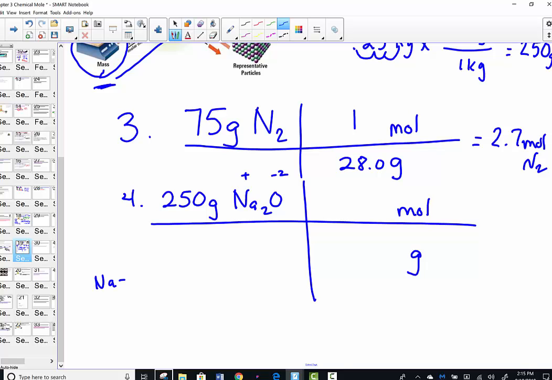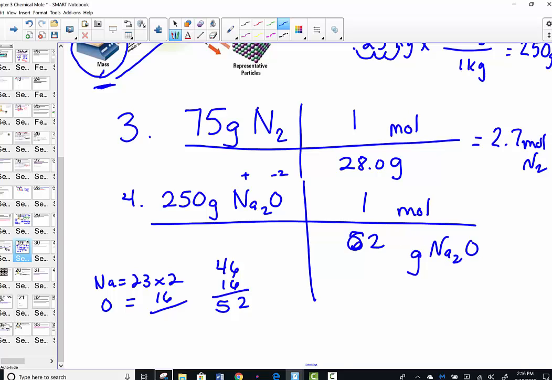Sodium has a molar mass of 23, but there's 2 of them there. Oxygen has a molar mass of 16. 46 and 16 is 52 grams. Just testing you. Not really.